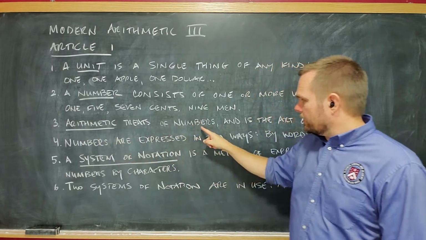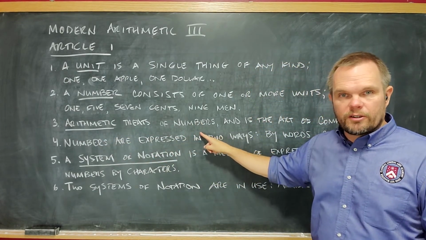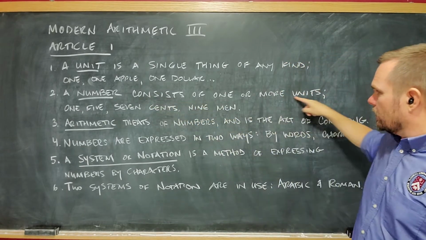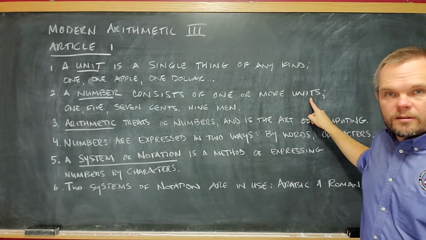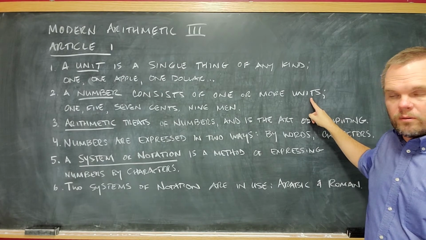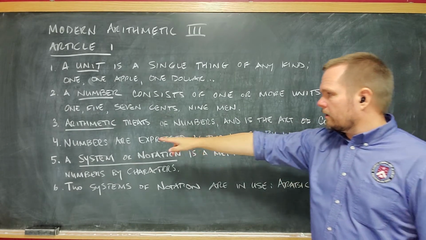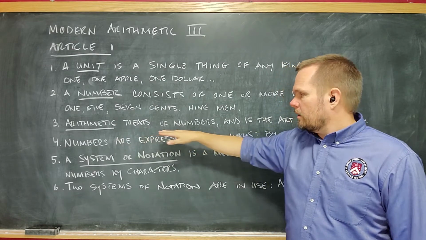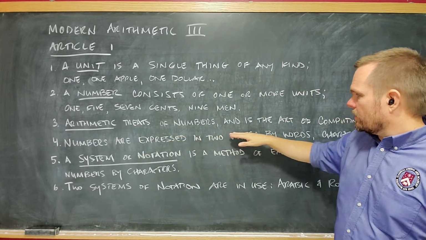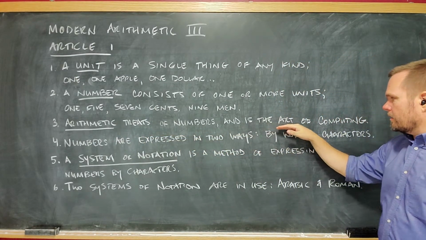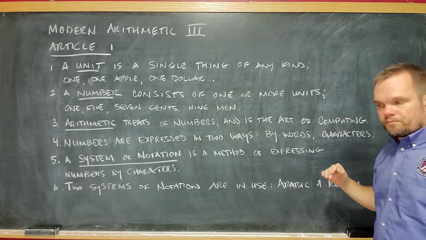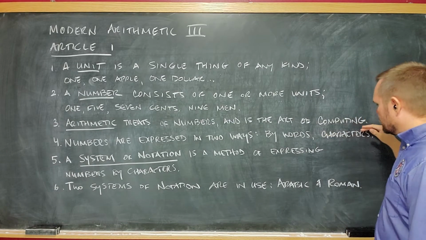And when you see this word in this definition, you have to remember the meaning that was given in this first definition. Okay? Arithmetic treats of, or in arithmetic we study numbers, and arithmetic is the art of computing by numbers.